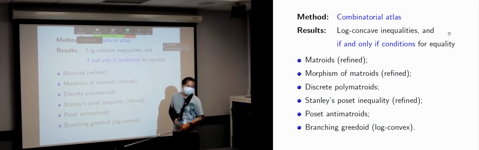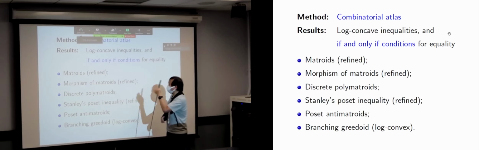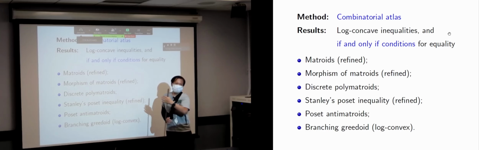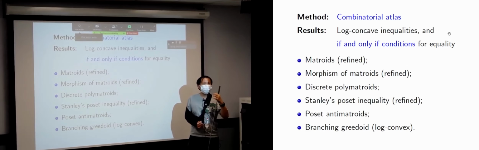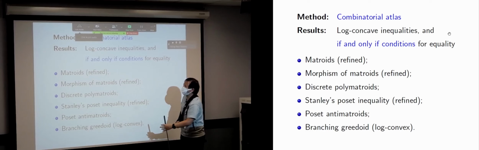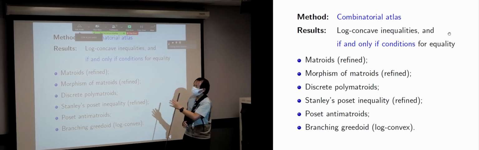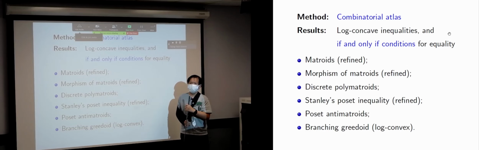In fact, we actually prove it for a more general family of greedoids, which you can think of as a non-commutative version of matroids. And not only that, as long as you can prove a log-concave inequality, it turns out that this Combinatorial Atlas comes built in with a way to check exactly when equality occurs. So in all these six cases, we get the log-concave inequality and we know exactly when equality occurs. That is what we did.